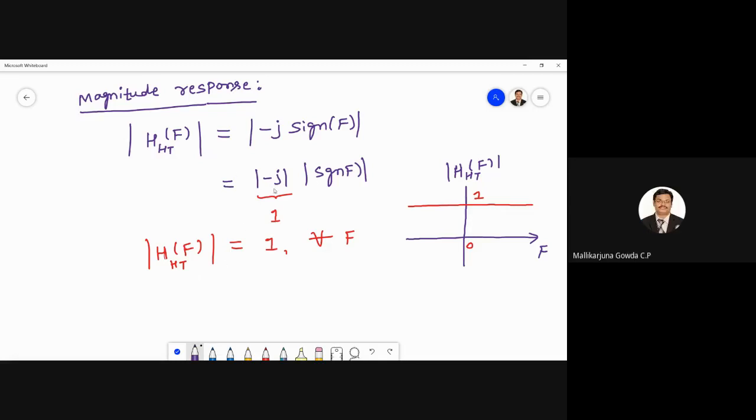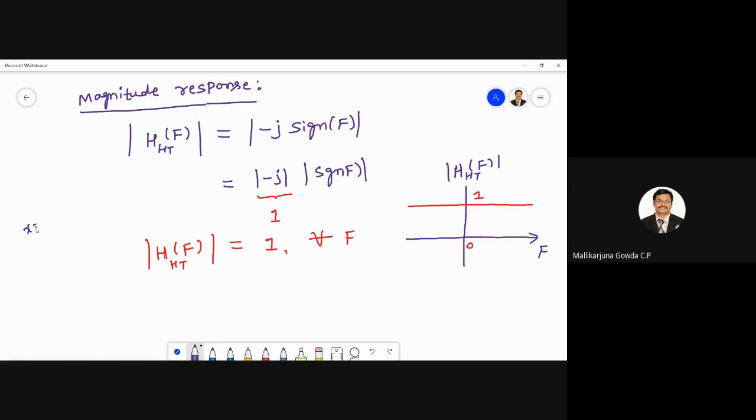No, see, magnitude is nothing but absolute value. What is magnitude if I have a plus jb?